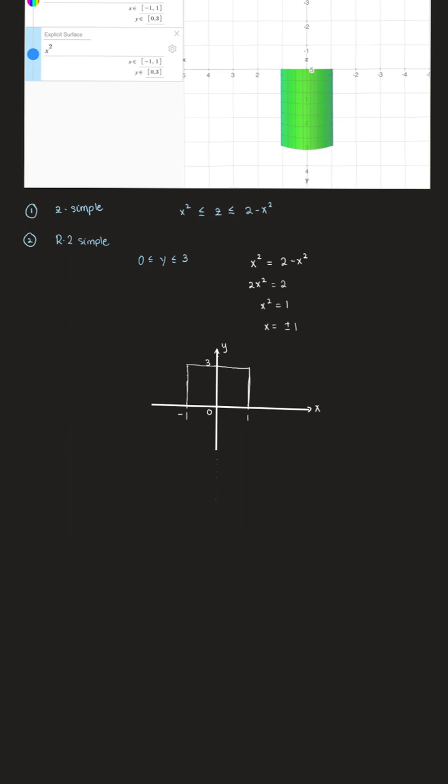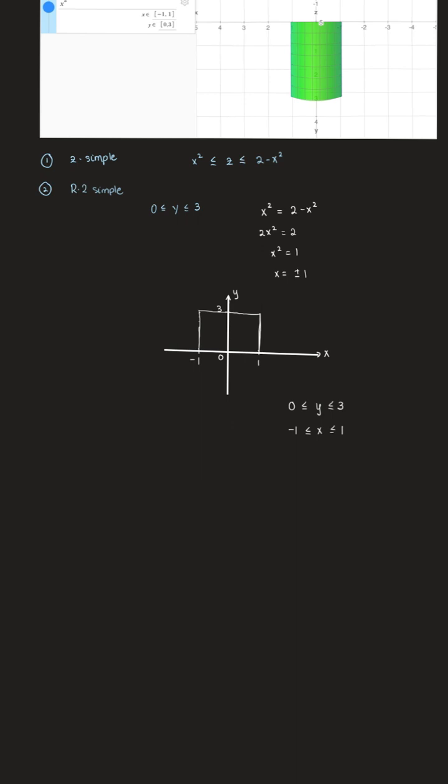But enough so that I can tell the bounds for y are going to be between 0 and 3. The bounds for x are going to be between -1 and 1. And then we can set up our triple integral that will calculate the volume of our region in space.